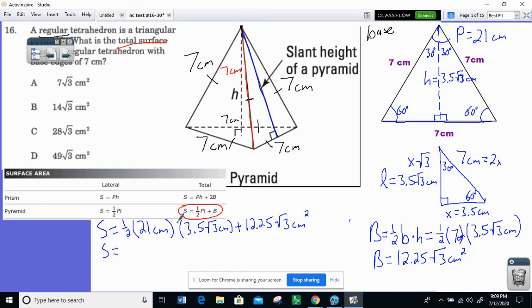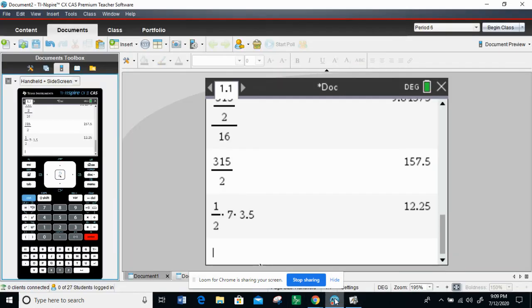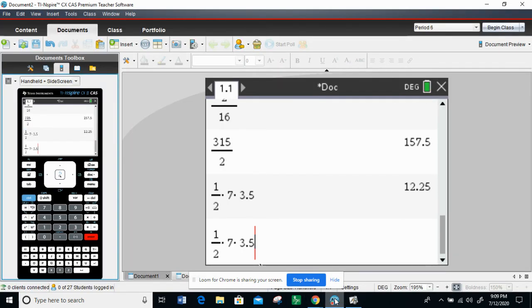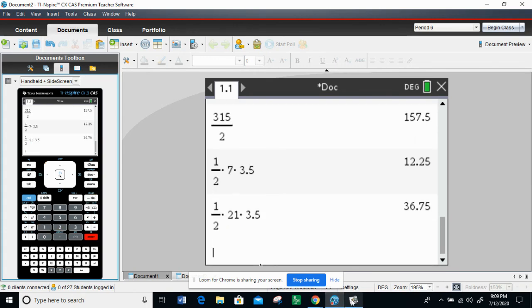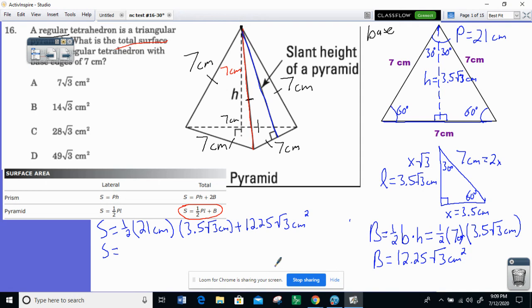So let's see what this comes out to. 1/2 times 21 times 3.5 is 36.75 times the square root of 3 centimeters squared, plus 12.25 times the square root of 3 centimeters squared. So altogether that gives us 49 times the square root of 3 centimeters squared.